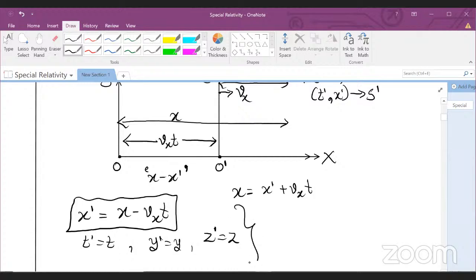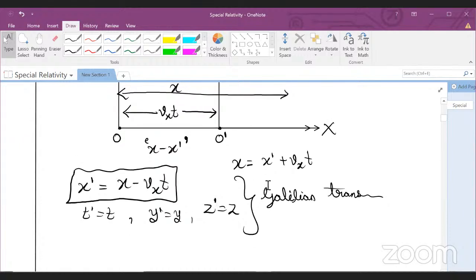So this set of equations or transformations is called the Galilean transformation. There could be some spelling mistakes, sorry for that, but the word is important.